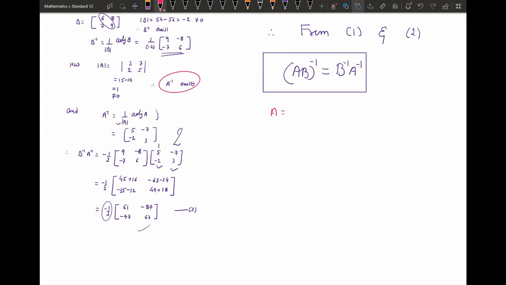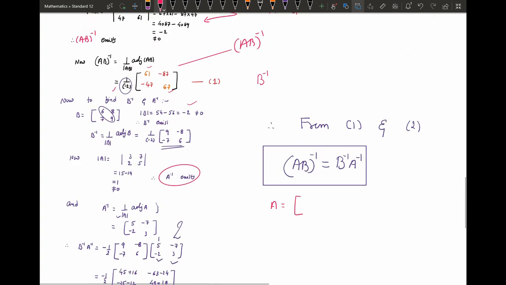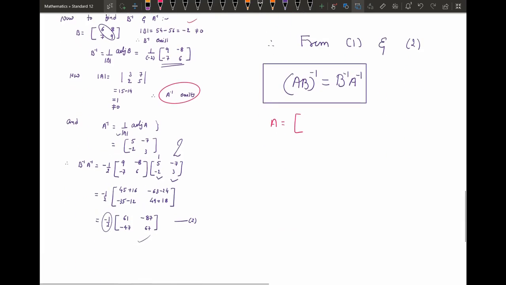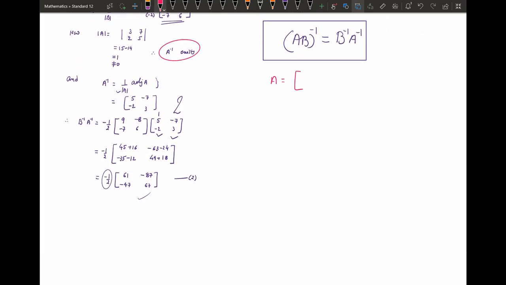To write adjoint A, interchange the entries which lie in the principal diagonal, so 5, 3.